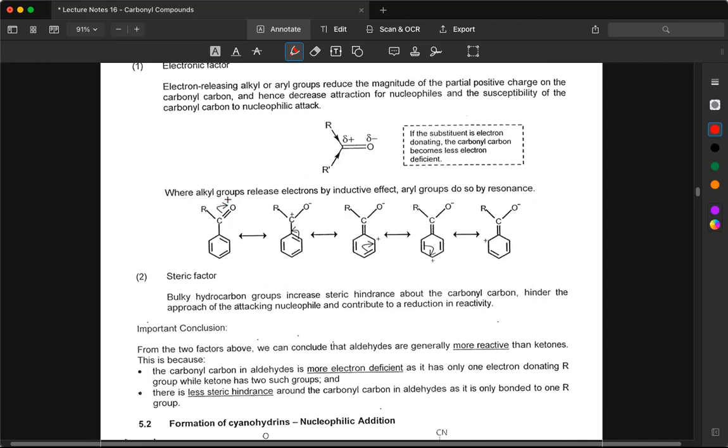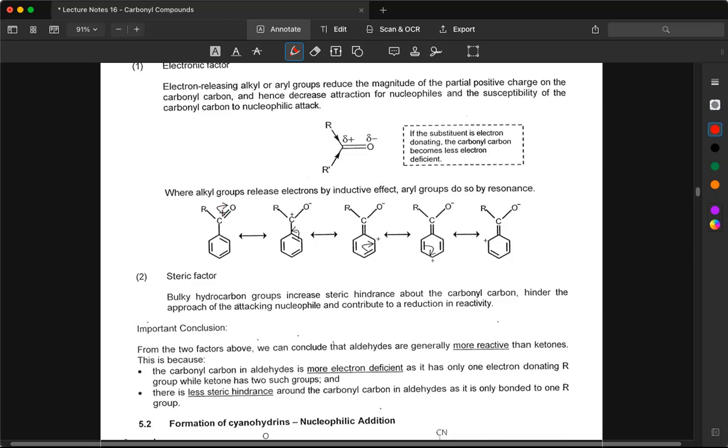Where alkyl groups release electrons by inductive effect, aryl groups do so by resonance. So if you have a benzene ring like this, the electrons can actually move around the structure.